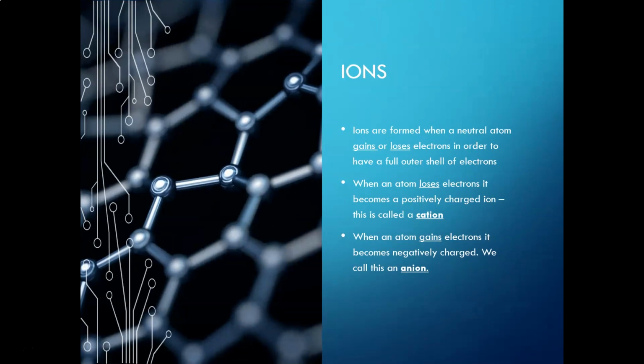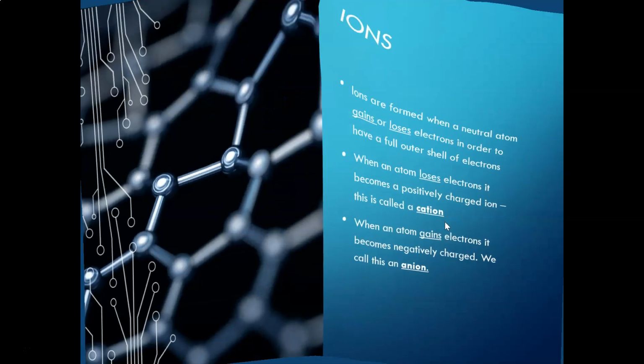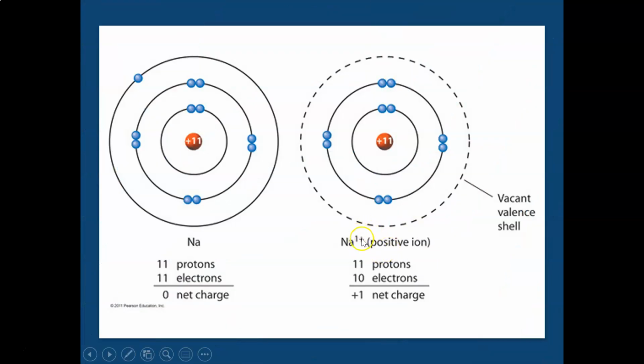Now if we go back here, our positively charged ion is our cation. It's lost an electron. It's got more protons. Remembering, protons are positive. Therefore, it's a positive ion. And we say it's got a charge of 1 because there's one extra proton than there are electrons. So that is our sodium cation now.